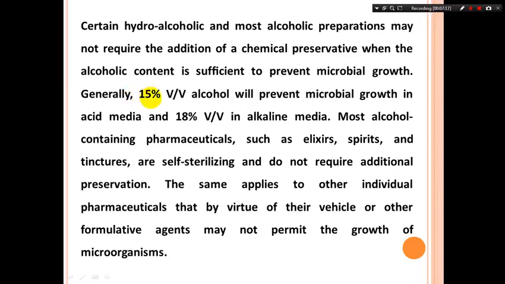Generally, 15% volume per volume alcohol will prevent microbial growth in acidic media, and 18% volume per volume in alkaline media is sufficient for prevention of microbial growth. So preparations like elixirs, spirits, and tinctures, which are hydroalcoholic preparations, are self-sterilizing and do not require the addition of preservatives.